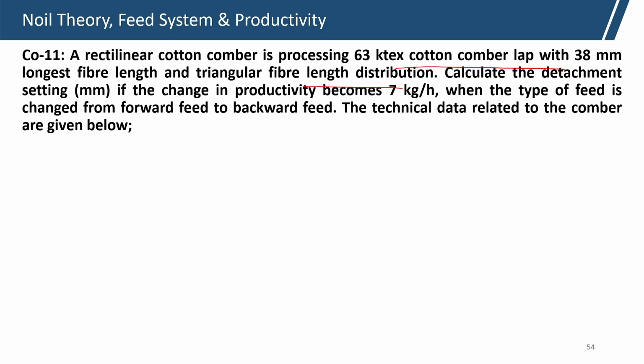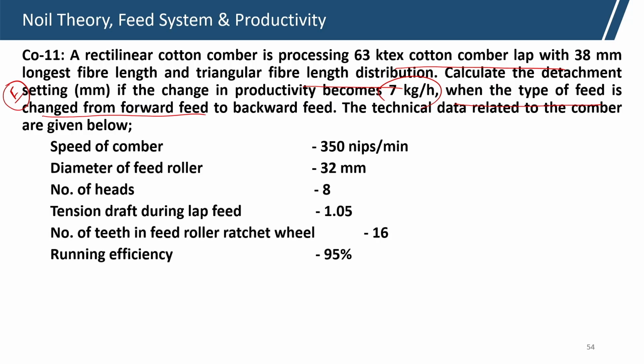Calculate the detachment setting E, if the change in productivity becomes 7 when the type of feed is changed from forward feed to backward feed. Technical data are given: diameter of feed roller 32 mm, speed of comber 350 nips per minute, number of heads is given, tension draft is given, number of teeth in the feed roller ratchet is 16 and running efficiency is given.